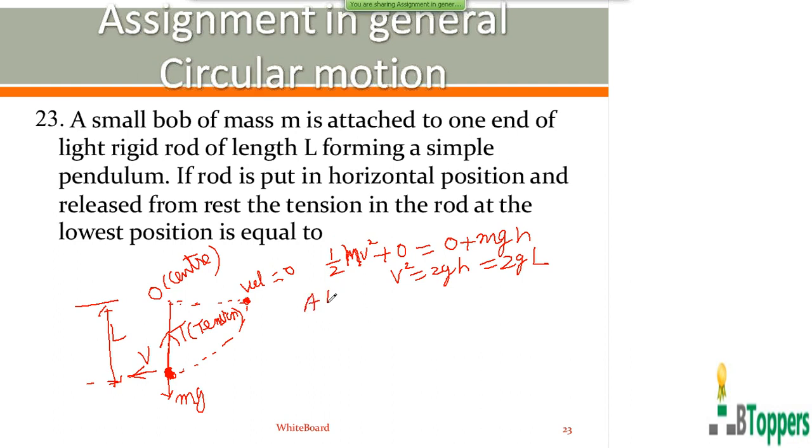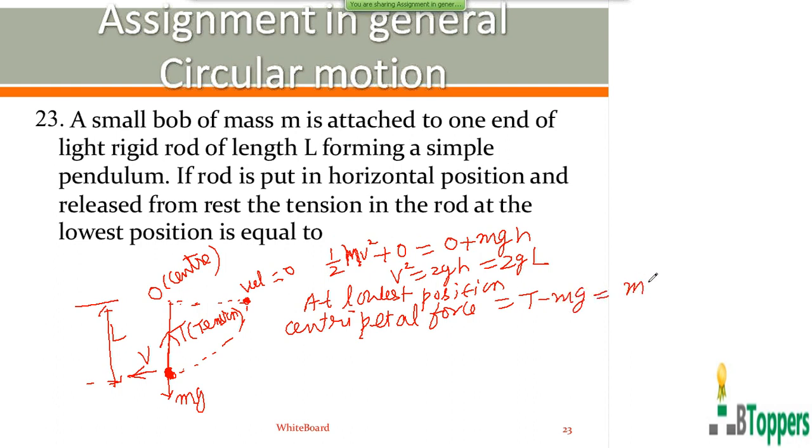So at the lowest position, the weight mg acts away from the center of curvature, and the tension force by the rod acts towards the center of the circular path. So the magnitude of the centripetal force on the bob at the lowest position is equal to T minus mg.